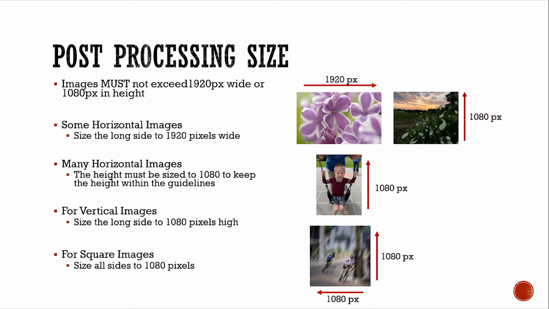Now, generally speaking, digital cameras produce an image that is a 3:2 ratio. If we have a picture that is not being post-processed, you are not cropping it in any way, it's coming straight from the camera, it is the default 3:2 aspect ratio.